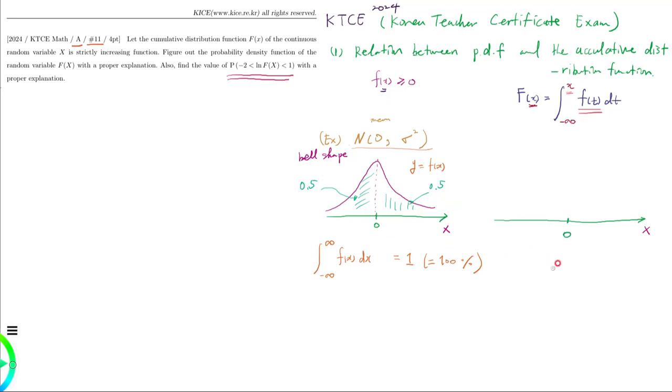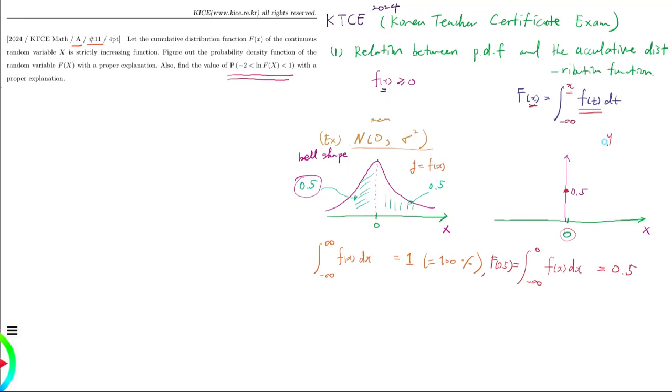Since it is symmetric and the area of each half is 0.5, it passes through 0.5 when x is 0, which stands for the integration from negative infinity to 0 of its probability density function being 0.5, so I denote it as capital F of 0 equals 0.5.